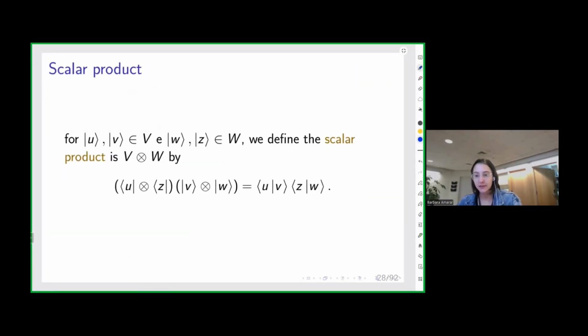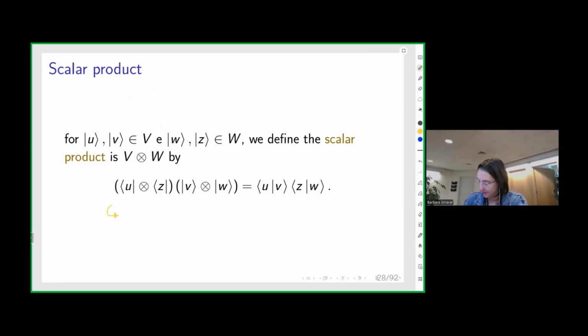Also, you can define a scalar product of the tensor product by computing the scalar product of the first two entries and the second entry. And this only defines the tensor product for elements of the tensor product that can be written this way, which, we will see in a minute, is not the only possibility.